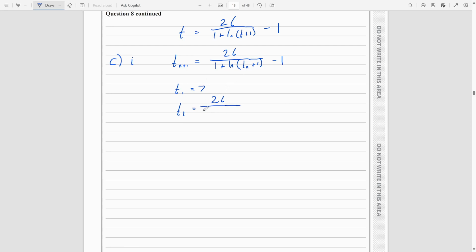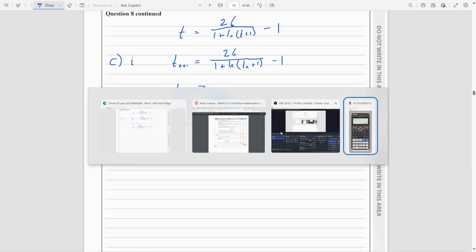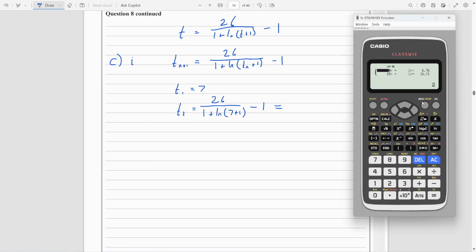You're going to get all the method marks for that. So 26 over 1 plus ln of 7 plus 1, minus 1 equals, and then this is how I set this up on the calculator. So I would just do 7 equals, it's in my calculator now stored, and I'll do 26 over 1 plus ln of my answer plus 1, and then all of that minus 1.